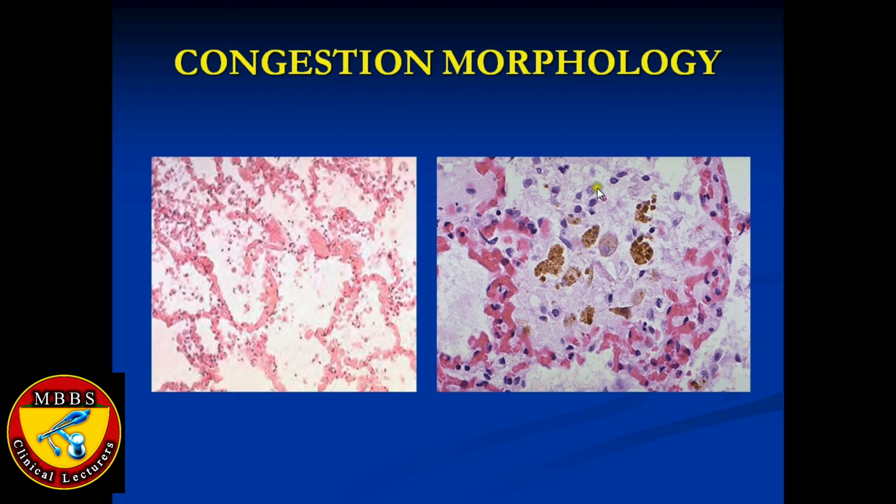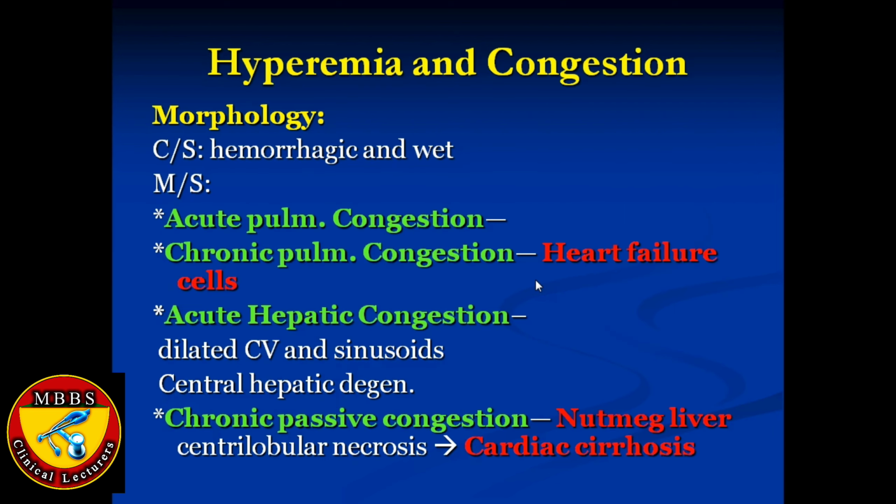Hence, these hemosiderin-laden macrophages are a common finding in left ventricular failure, which is a type of cardiac failure, and therefore they are also called the cardiac failure cells. So whenever you hear cardiac failure cells, don't think of any cardiac muscle cell or something, but these are actually the hemosiderin-laden macrophages found in the alveolar spaces of the lung, and since they are due to cardiac failure, they are called the cardiac failure cells.